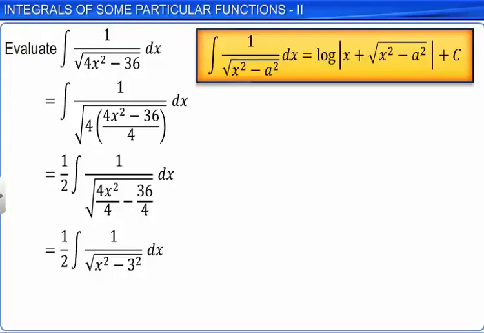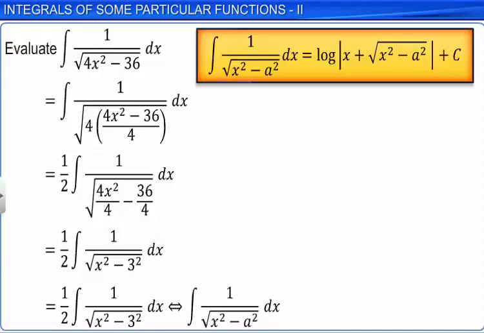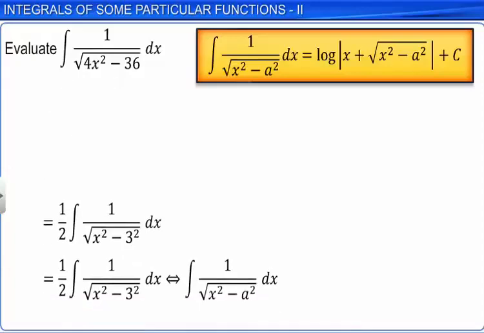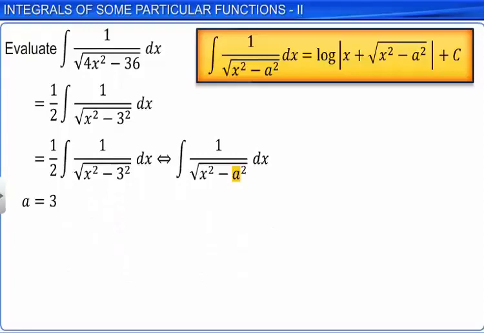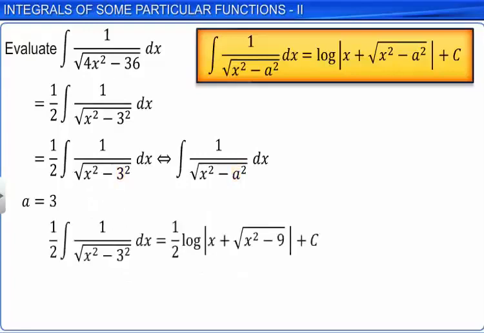Now the integral is in the standard form. Here a is equal to 3. Using the formula, the integral is equal to 1 upon 2 into log x plus square root of x square minus 9 plus the constant c.